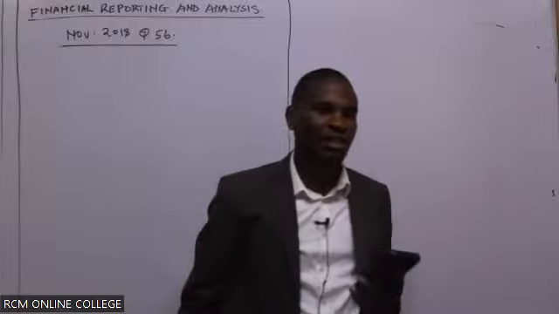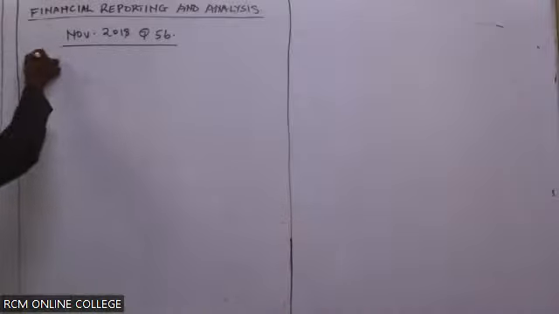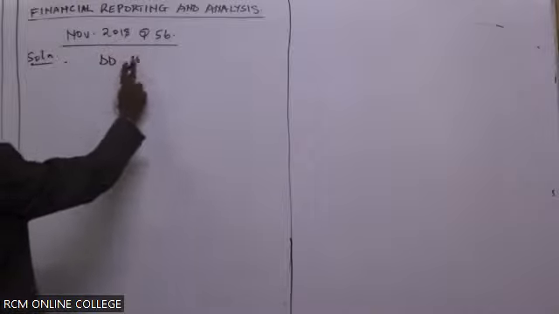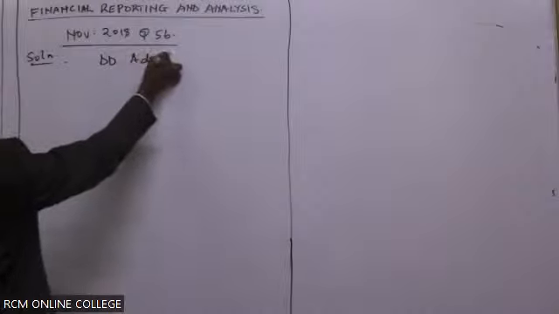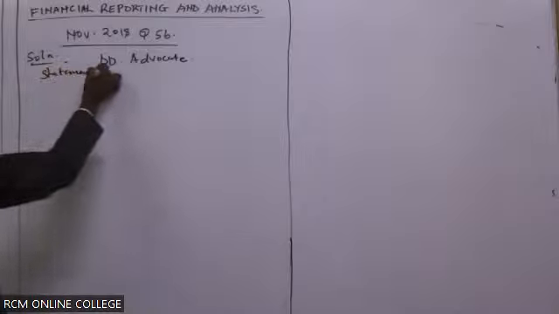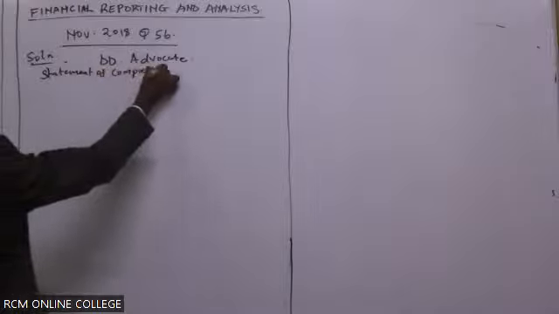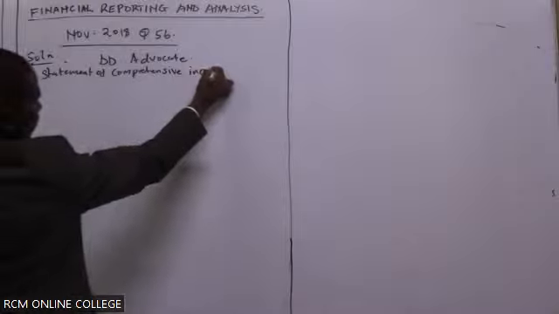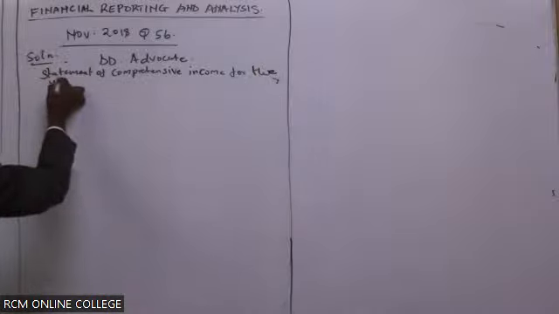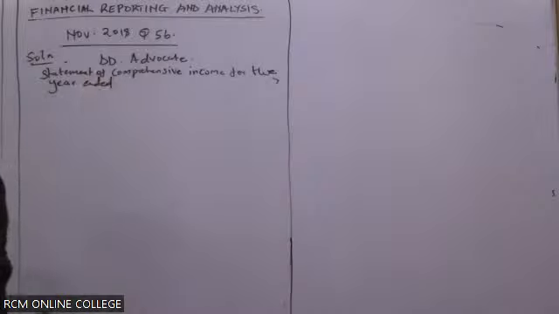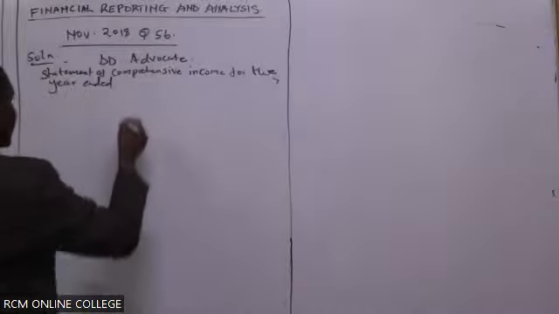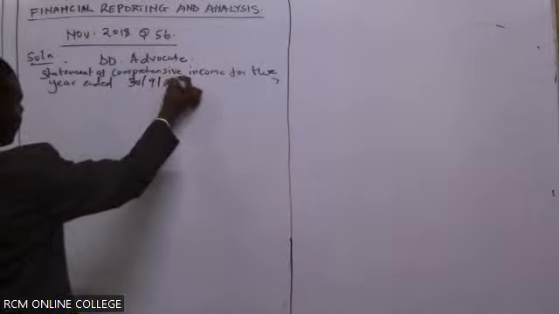So this is the DD advocate statement of comprehensive income for the year ended 30th September 2018.